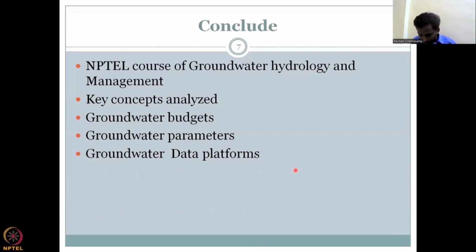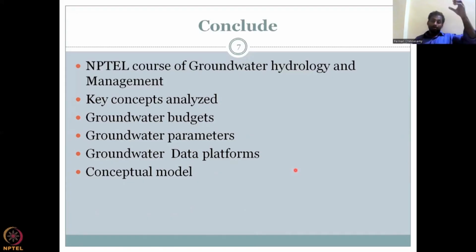Then we looked at where we can get these data, which kind of platforms we can use. And the WRIS website has been very helpful in giving the groundwater data, which is monitored by the CGWB. So now the CGWB is giving water level data and location. Using the location, you could create a conceptual model based on the data you have.